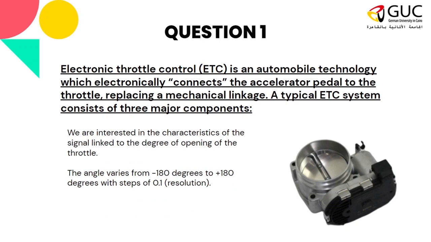The angle varies from negative 180 degrees to positive 180 degrees with steps of 0.5, which is our resolution, or the signal resolution. So now you are driving, you have a car and you're going to campus. The road is clear, so you push your gas pedal to the maximum, so you have more speed, more acceleration, right?